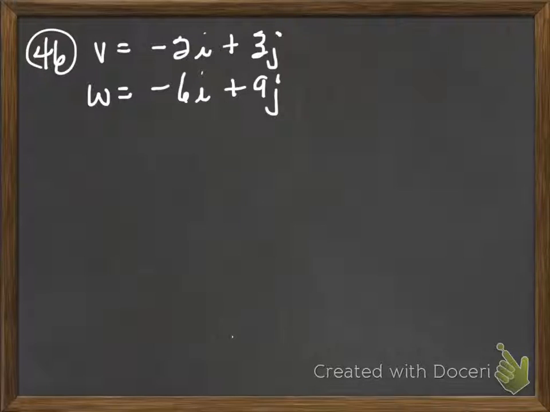So, if you think about graphing vector V, you would go to the left 2 and up 3, right? If you go to the left 2 and up 3, what would be the slope of vector V?